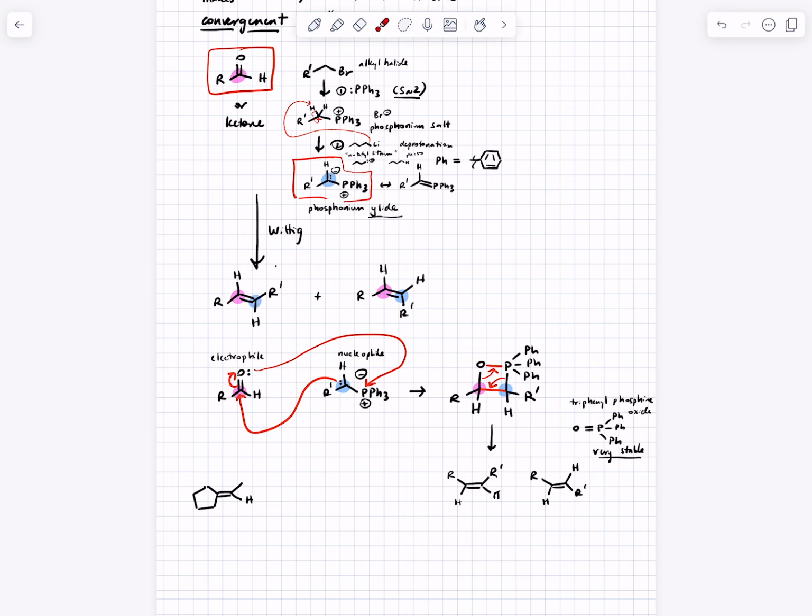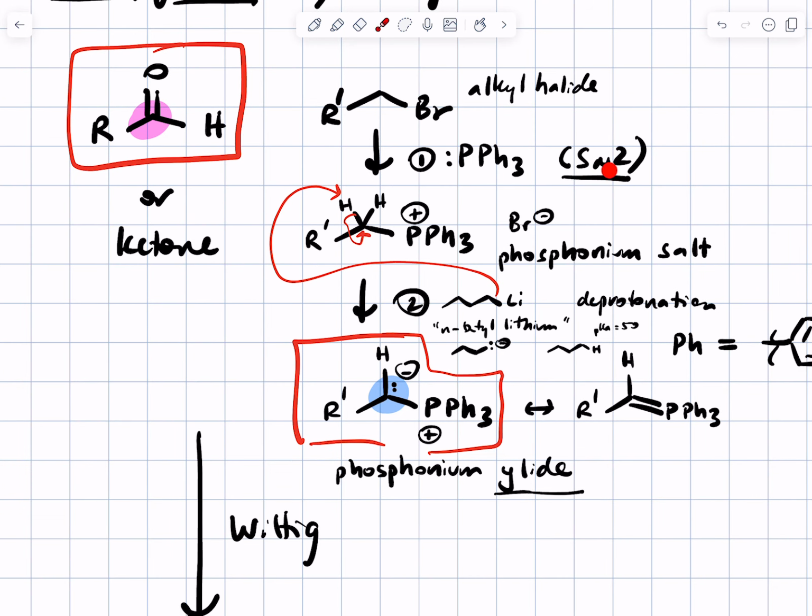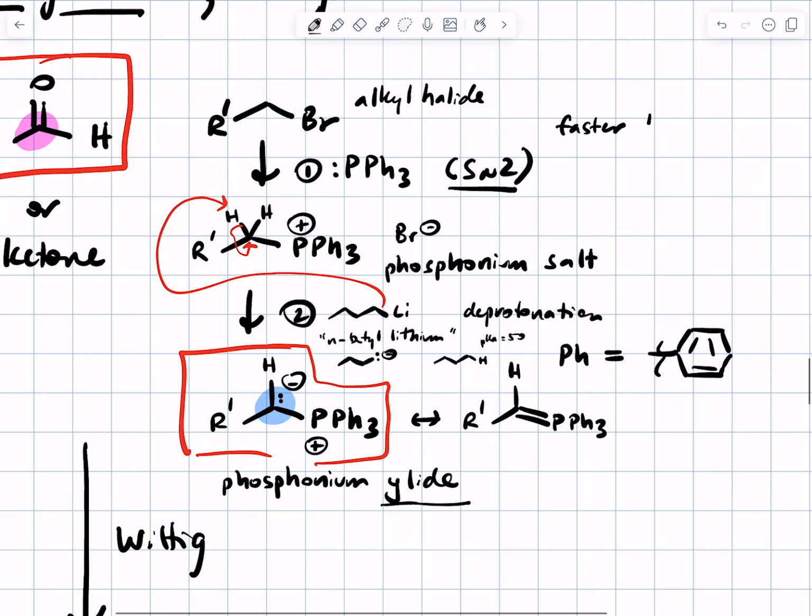Notice that the preparation of the phosphonium ylide reagent required an SN2 reaction. And remember that SN2 reactions are faster for primary alkyl halides than for other types of alkyl halides.